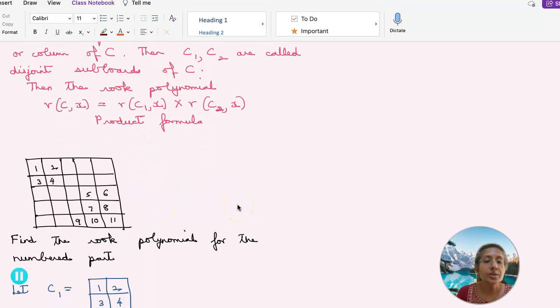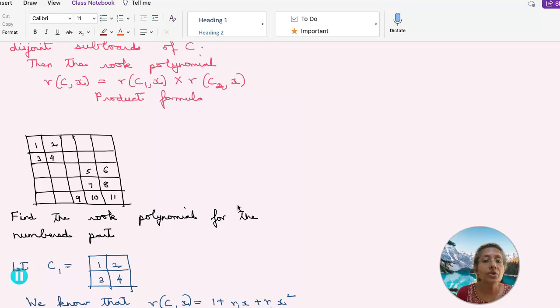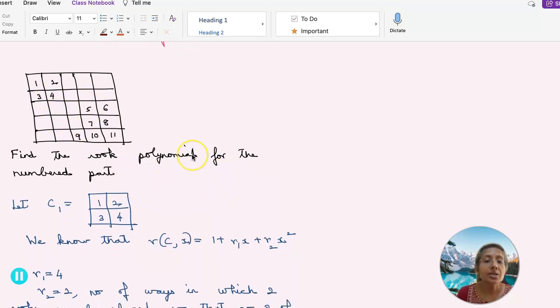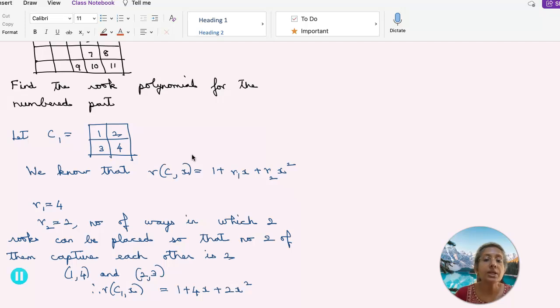So coming to a question, find the Rook polynomial for this numbered board. We have two disjoint subboards here, 1, 2, 3, 4 and 5, 6, 7, 8, 9, 10, 11. So we first take C1. Here R_C(x), we know the formula, we have already learned it in the earlier parts.